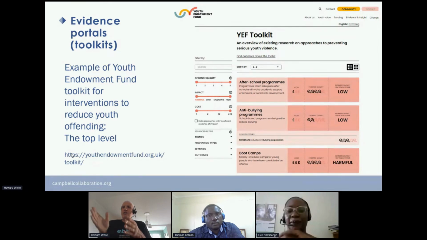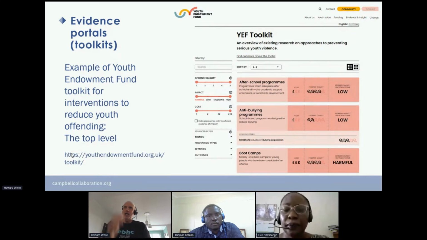And so typically these portals or toolkits, intervention tools, they go under various names, have 3 metrics. The last column is the impact. And here we used a categorical rating of low, medium and high, and so on.